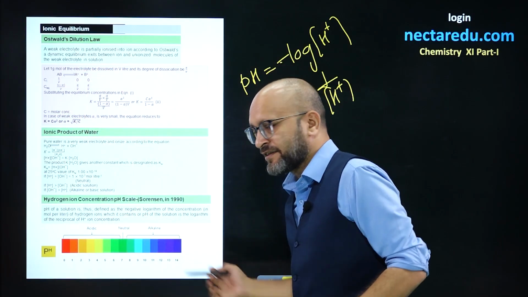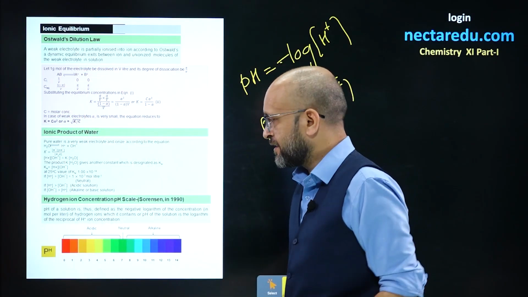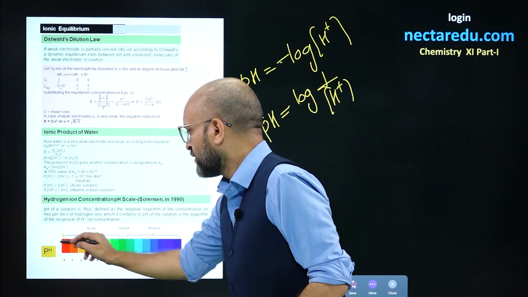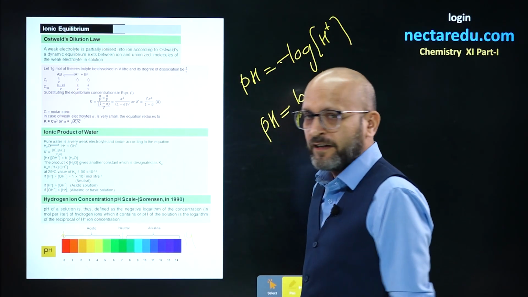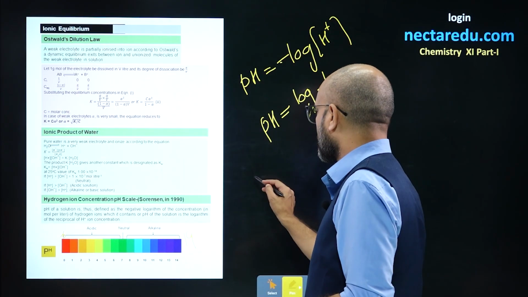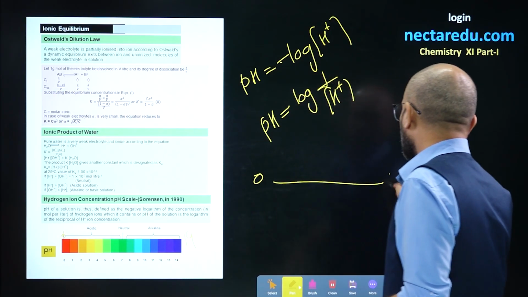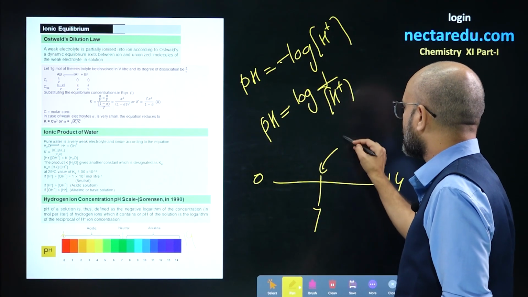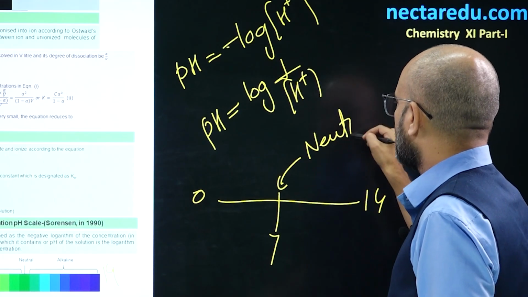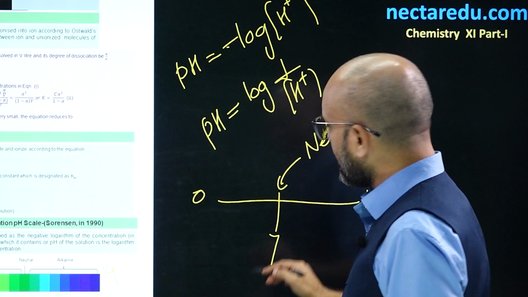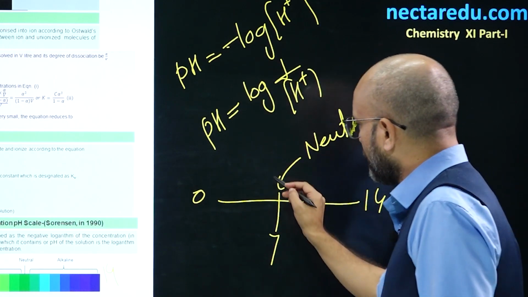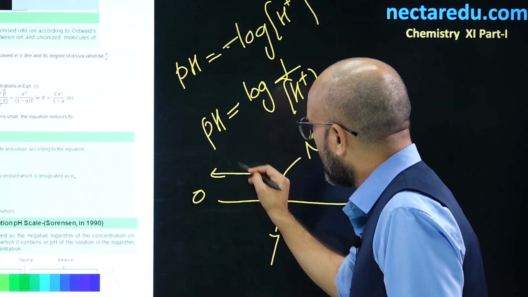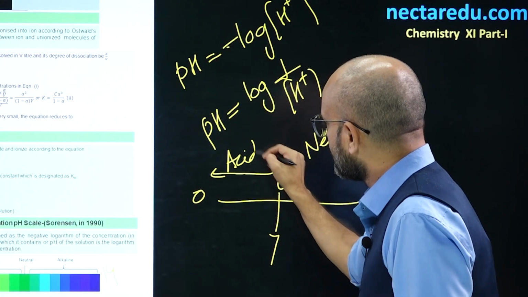So he gave a scale at 25 degrees Celsius. The pH scale starts from 0 to 14, and the middle point 7 is the neutral pH. If the solution is neutral, pH is 7. If we go from 7 to 0, acidic character increases.